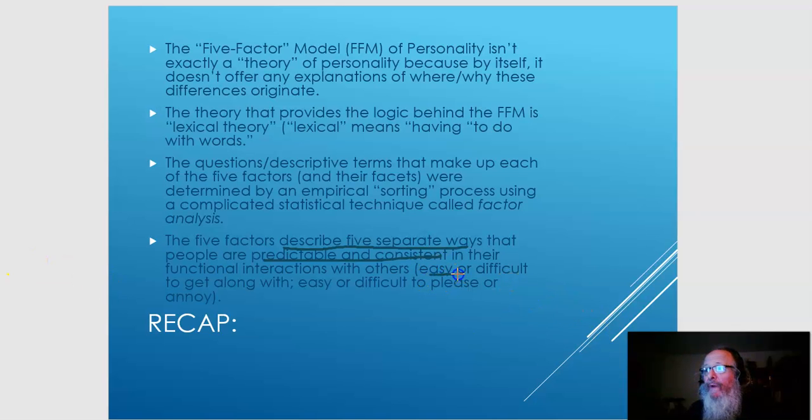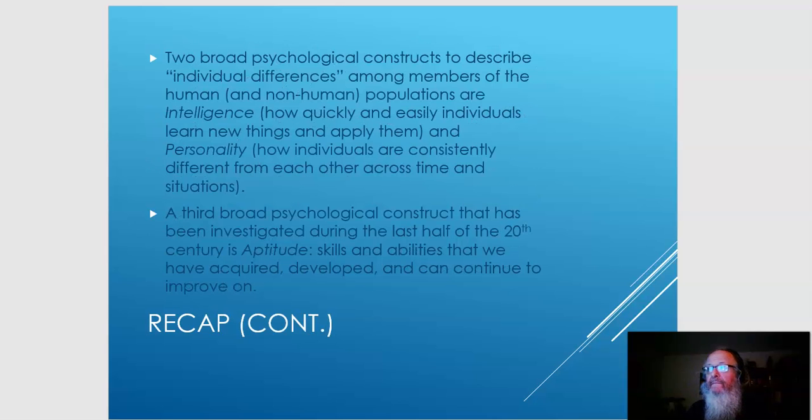That is, are we easy or difficult to get along with? And are we easy or difficult to please or annoy? So the five-factor model is one approach to personality.